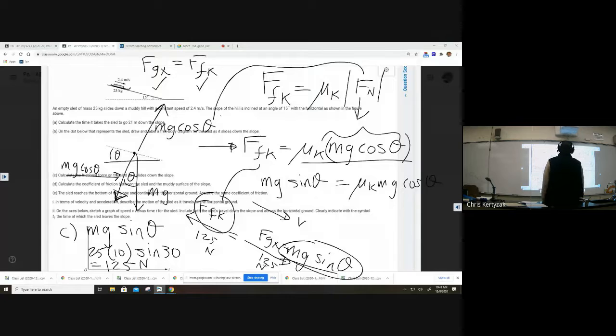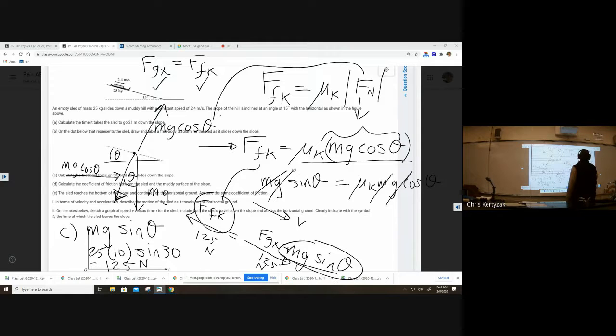For part D, they're saying, now calculate the coefficient of friction, which I was about to do over here. So I know m and m would cancel, right? And it looks like g and g would cancel. This is nice. So I can just solve this algebraically for mu by dividing both sides by cos theta.